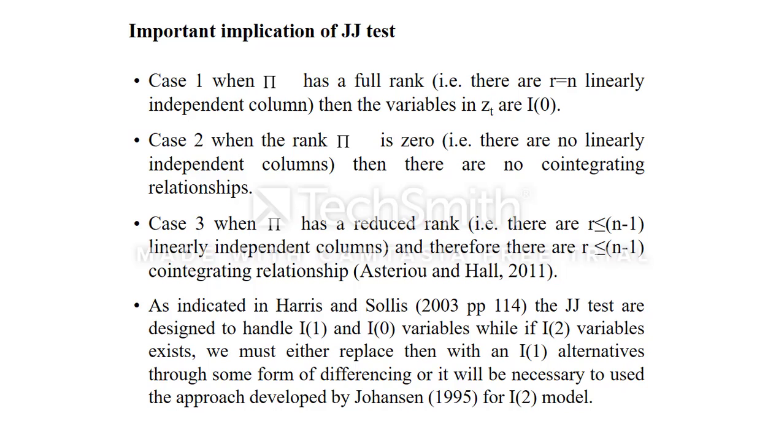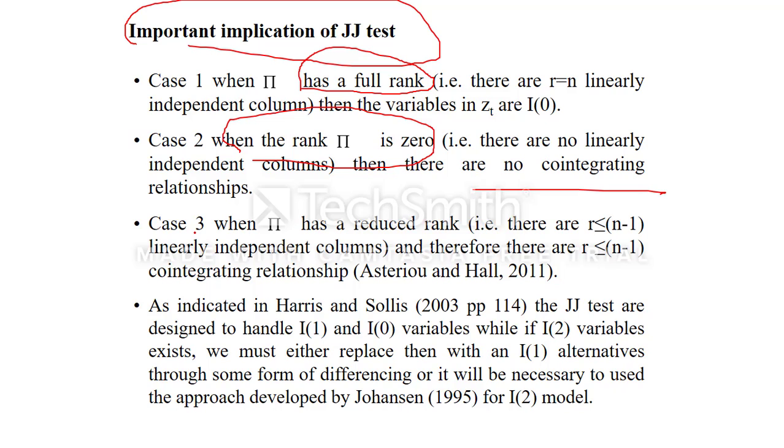All right, the criteria here are important implications of the JJ test. Case 1 is very clear: full rank, meaning the variables are actually I(0). Case 2: the rank is 0, meaning there's no co-integrating relationship, very clear. Case 3 is the reduced rank, and therefore you have a co-integrating relationship depending on the variables that you have.